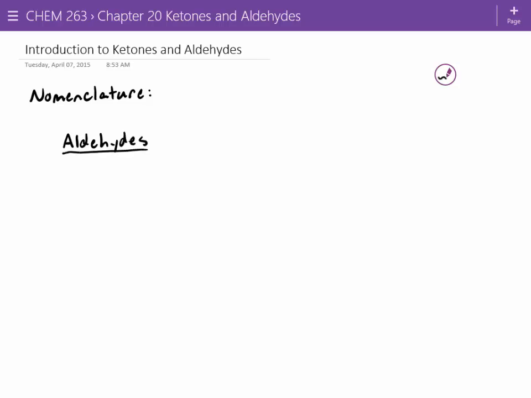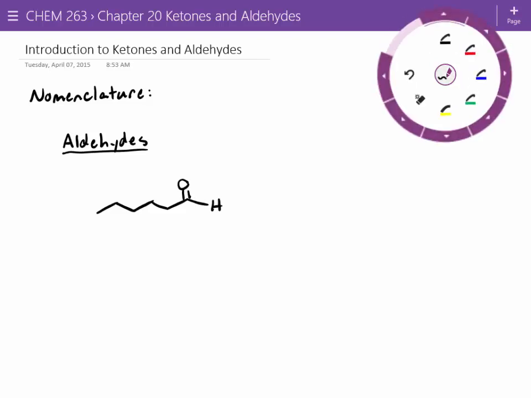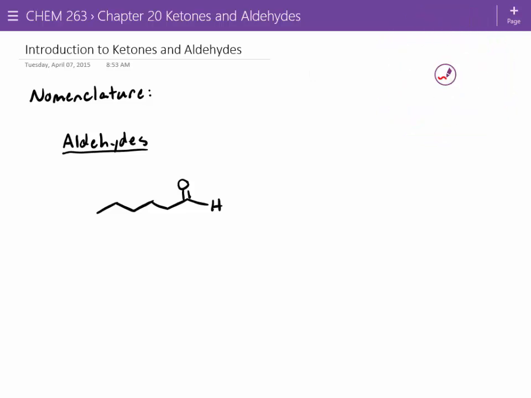So let's take an example aldehyde. When you number it, you always want to start at the carbon that's on the carbonyl. So we'll number this 1, 2, 3, 4, 5, 6.